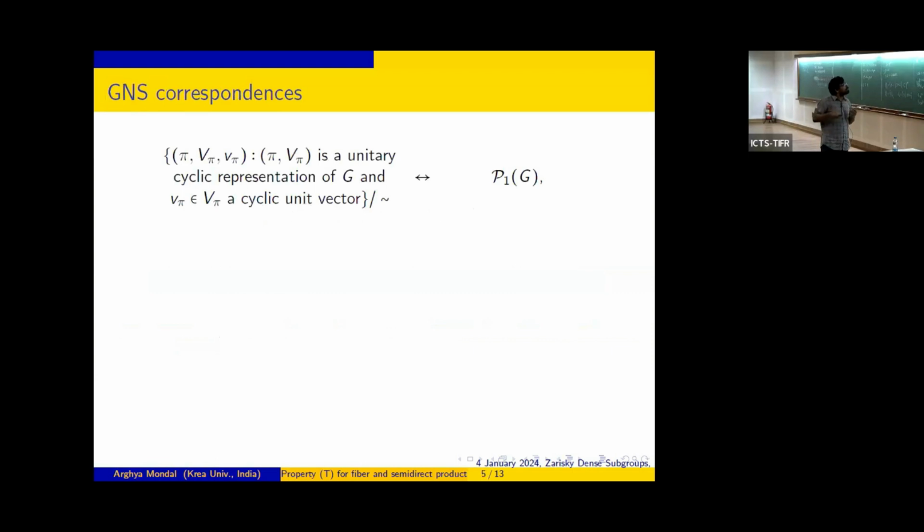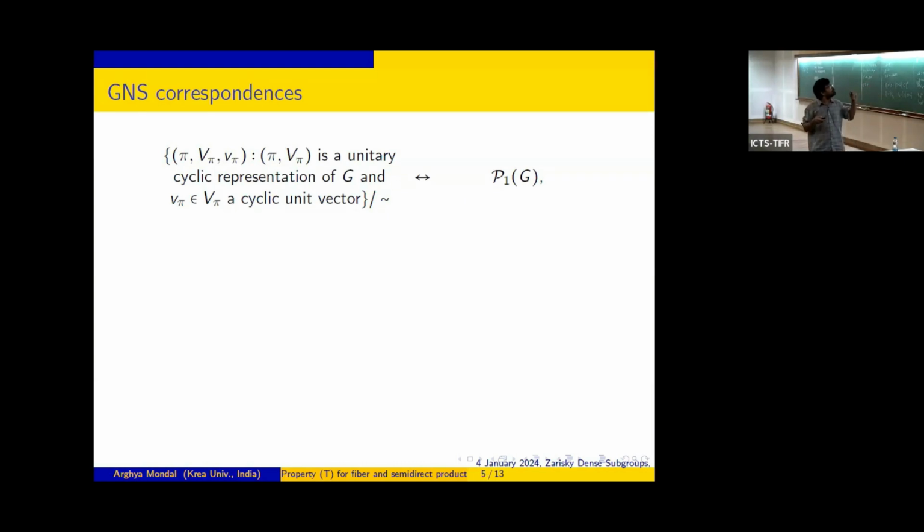To describe our results, we need to talk about the GNS correspondence. The GNS correspondence basically tells you that instead of looking at representations, you can look at functional analysis on the group. So on the left-hand side, you have pairs of cyclic representations and cyclic vectors.